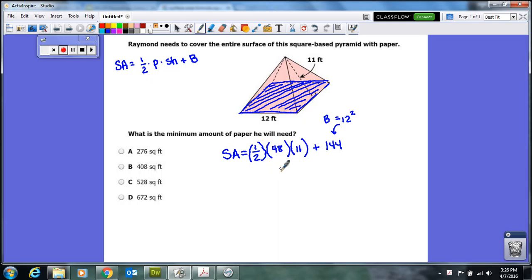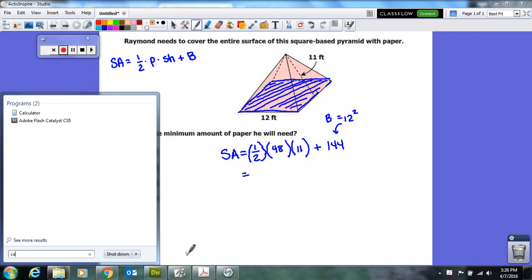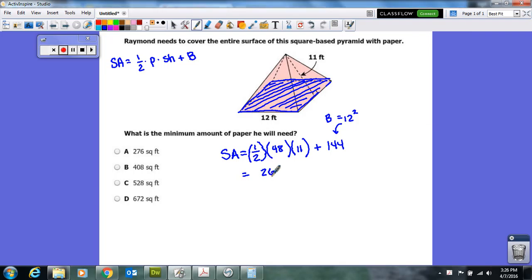All right, so now we're going to go ahead and break out our calculator here and find out what 1/2 of 48 times 11 is. So I'm going to just put 0.5 times 48 times 11. That gives me 264. But I still have to add 144 to that.